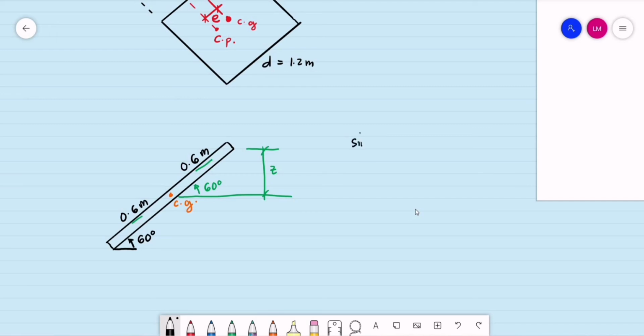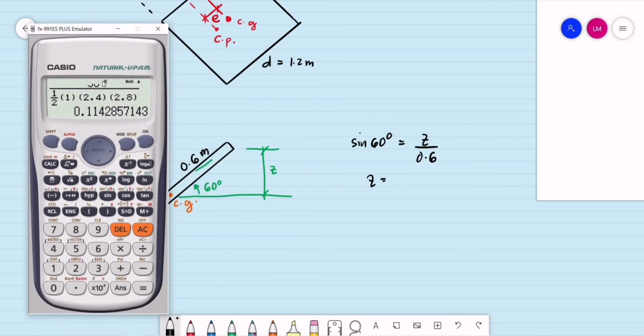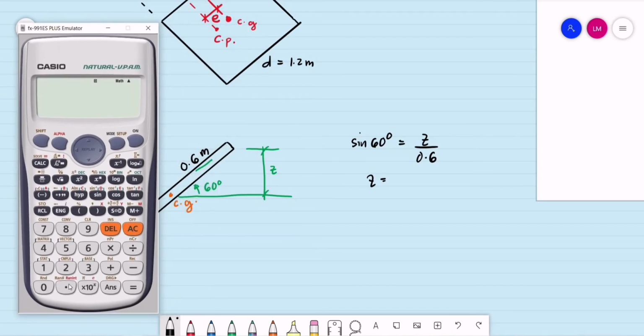So this is the sine of yung given na angle is 60 degrees, that is equal to opposite, ito yung Z divided by hypotenuse 0.6. So the value of Z is equal to 0.6 times the sine of 60 degrees. Okay, so yung lumabas dito is 0.5196.